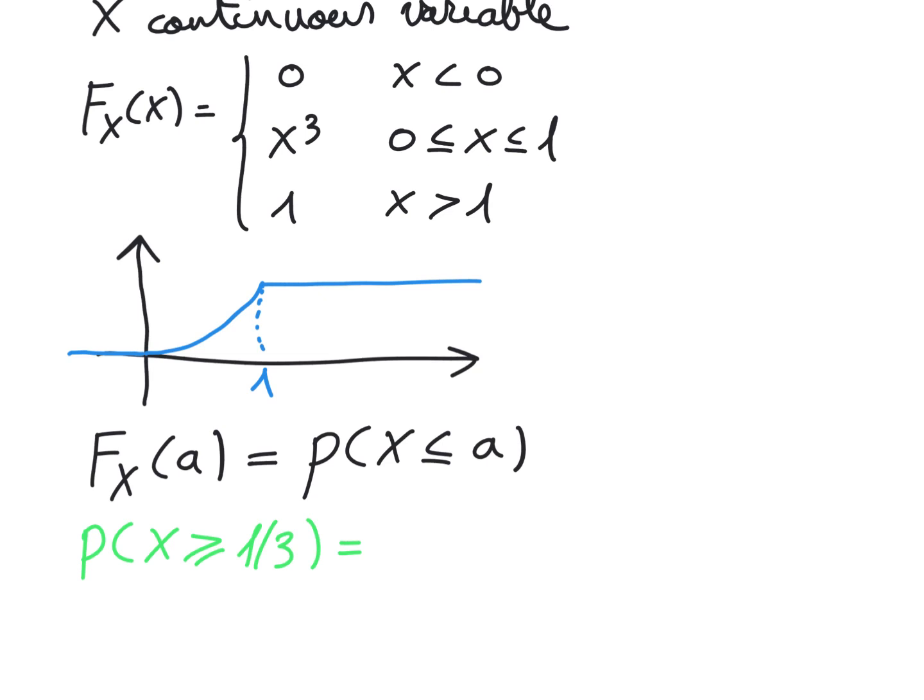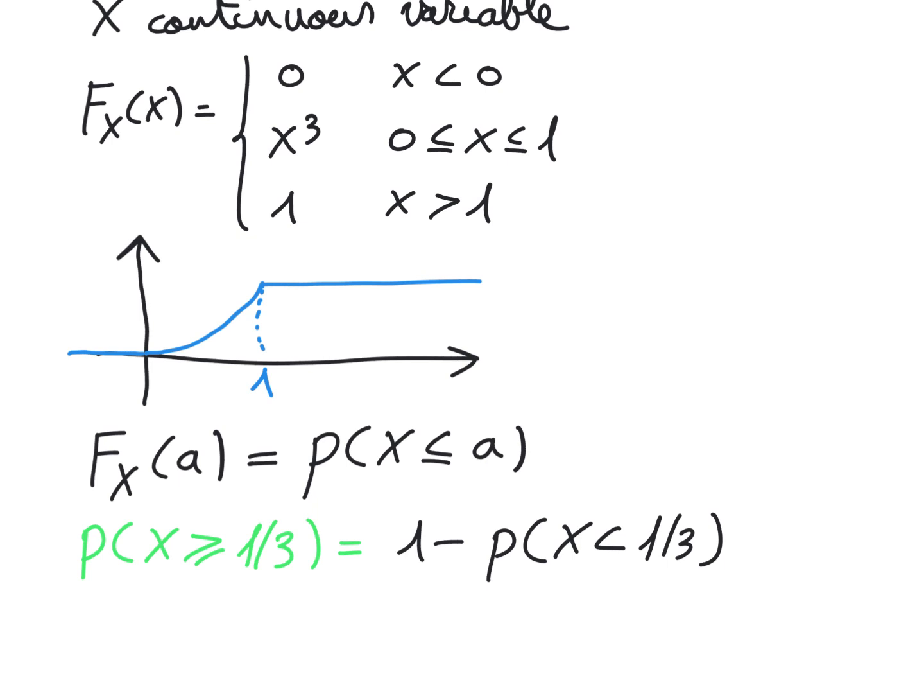And here we need to compute the probability that x is more than a certain value, in this case 1 over 3. Well, luckily we can use the complement rule to compute this probability. So we can rewrite this probability as 1 minus the probability that x is less than 1 over 3.